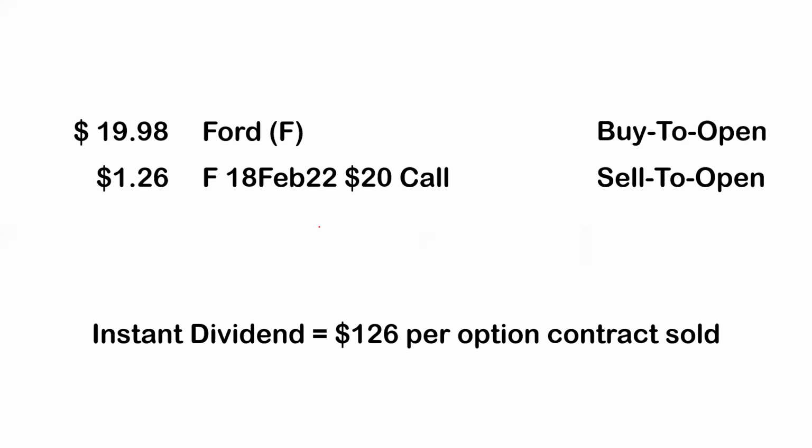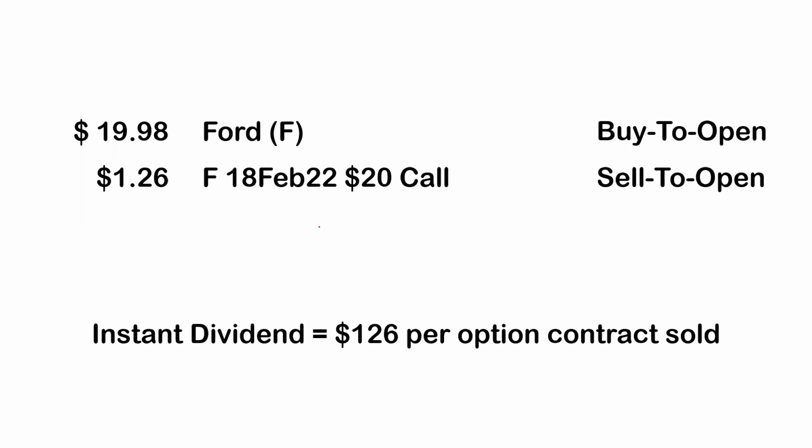Now, options are sold in lots of 100. So you'd have to buy 100 shares of Ford, and then you sell back one contract. And because they're sold in lots of 100, I'd get that rebate or that discount on the underlying symbol in the form of $126, right? And that's for every option contract I sell. I call it an instant dividend. It's a discount on the underlying symbol.